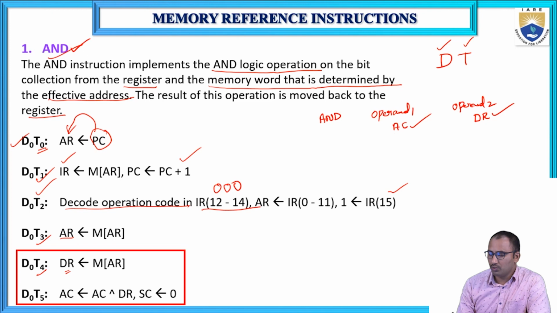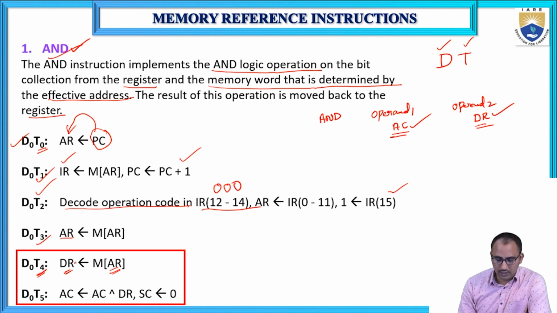That's why during T4, the data present in the memory location whose address is specified by the address register will be copied to the data register.